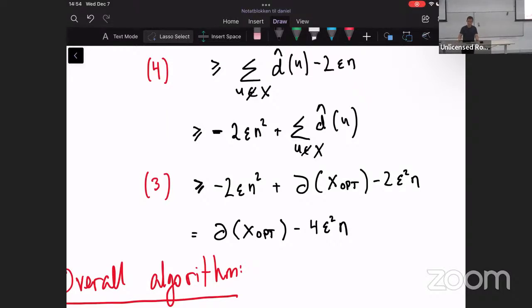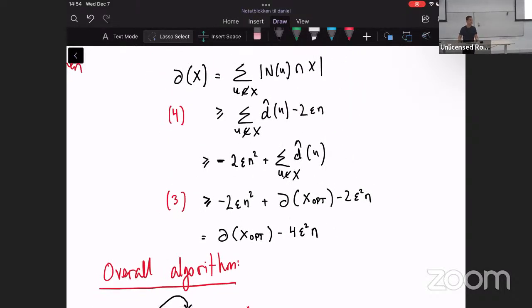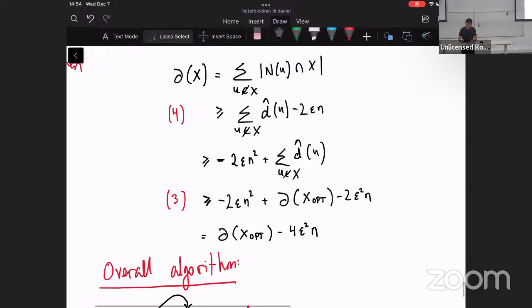So the cut that I output is at least as good as the optimum cut minus some epsilon n square. That shouldn't be epsilon square n. It should be epsilon square n squared. Yeah, there is a square here as well. There we go. Better.